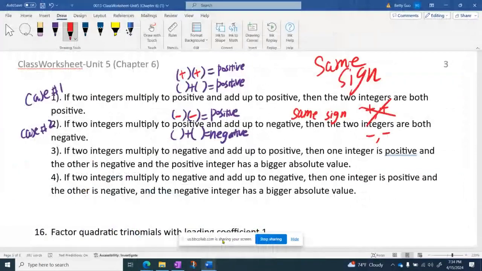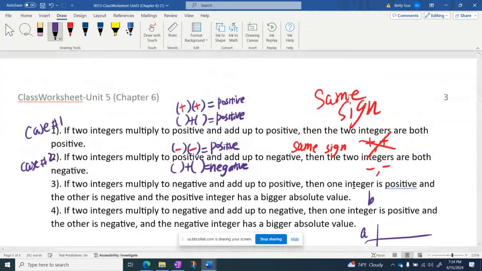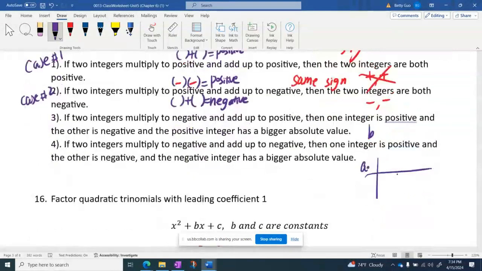Let me think. How about this? Let me make a table. Thinking about multiplication, like A times B. We think about two numbers.